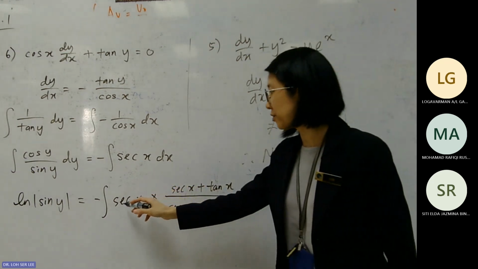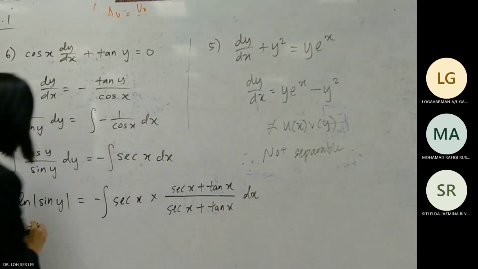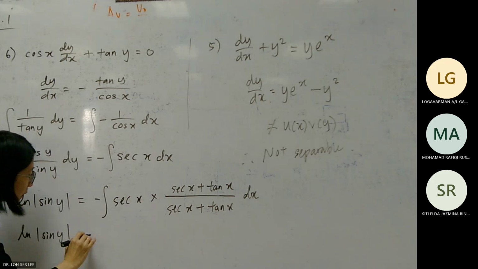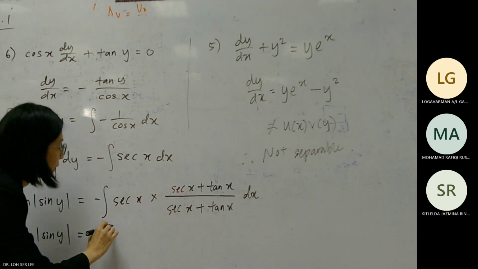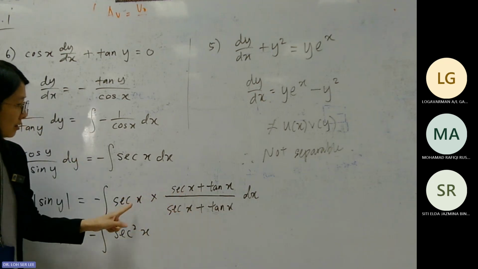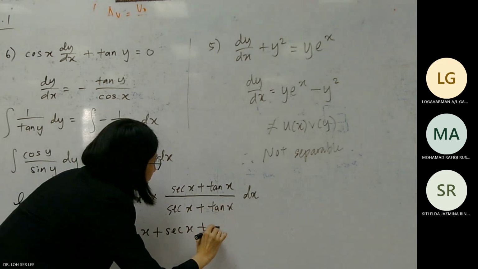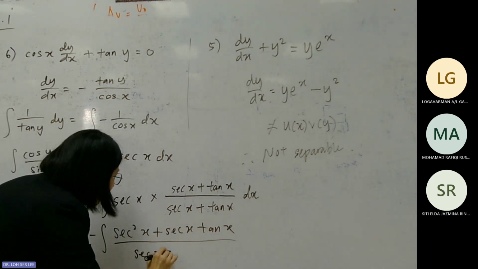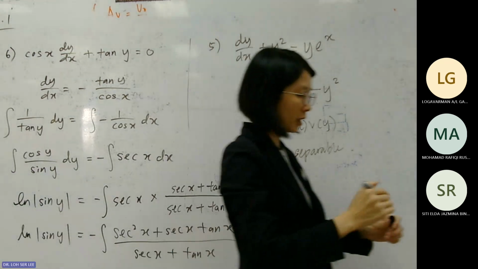So what happens when your secant x multiplies into this function? So secant squared x plus secant tangent over the secant x plus tangent x, right?